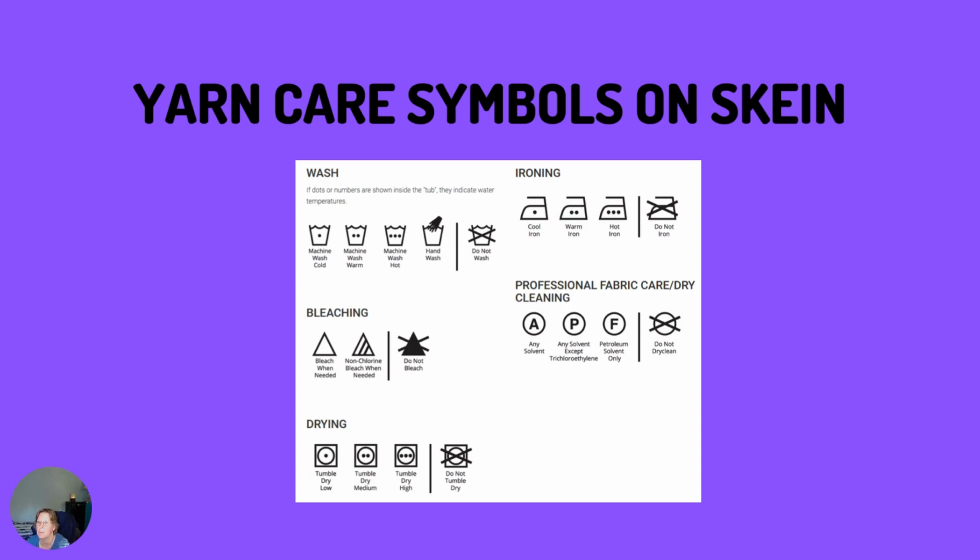Drying natural care labels also may indicate something about drying. On the right side of this example, you'll see there's an X over it. It's do not dry clean. So if you produced an item from this skein that you purchased, then you would not want to dry clean it. Drying natural fibers in a dryer can ruin the garment. I've washed and dried many garments made of rayon, for instance, and ended up with a garment made to fit a child.